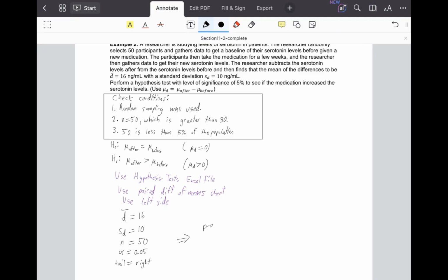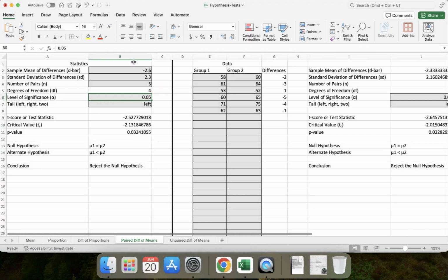Okay, from this we're going to get our p-value, which I think will be pretty large, but let's see. 16, 10, 50. 0.05 is good, and right.